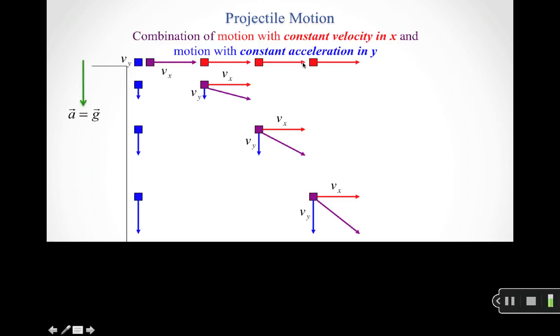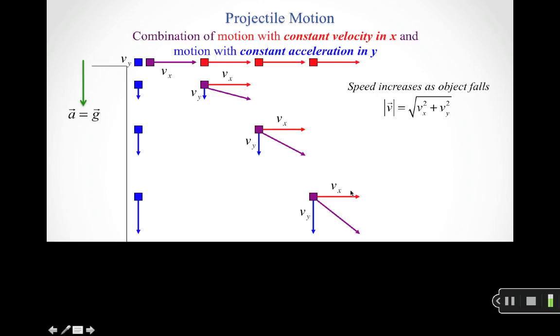So there are a couple important things to see from the picture. One is that if I want to talk about the speed, well, again, I know the speed is just the magnitude of the velocity vector, which means I need the x component squared plus the y component squared, take the square root, right? So when I Pythagorize my velocity vector to get the speed, notice that the farther it falls, the larger the y component is.